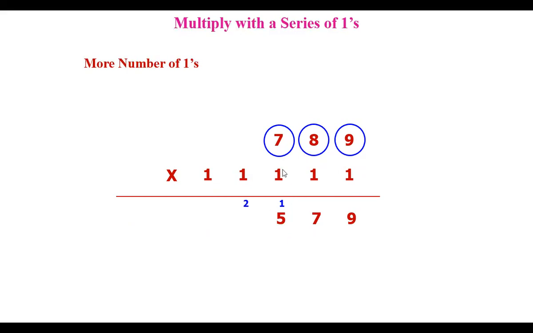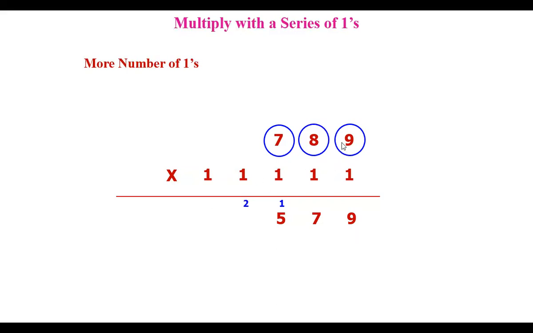Clear? And we don't have any further choice of getting 4 numbers here, 4 or 5 or any. So what to do? Remove the number of digits which are equal to the number of digits in this number. 3 numbers. Remove these 3. We are left with these 2 numbers. So we take 2 numbers, 2 times. We write this total of these 3, 2 times extra.